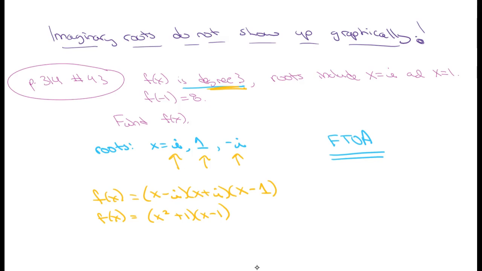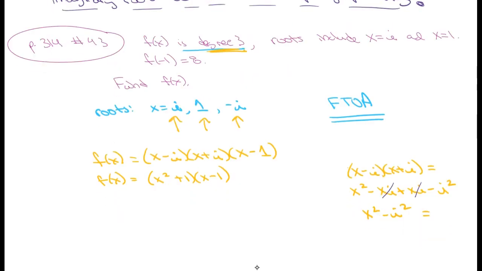Okay, and if you want to know how it is that x minus i times x plus i equaled x squared plus 1, come over here and FOIL it out with me. Right? Cancel, cancel, and I'm left with x squared minus i squared, but i squared you know is -1, so this is just x squared plus 1.